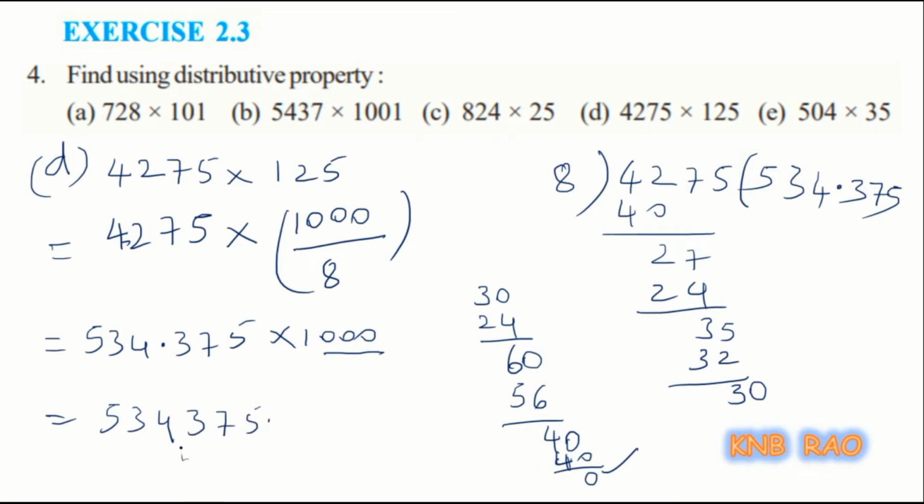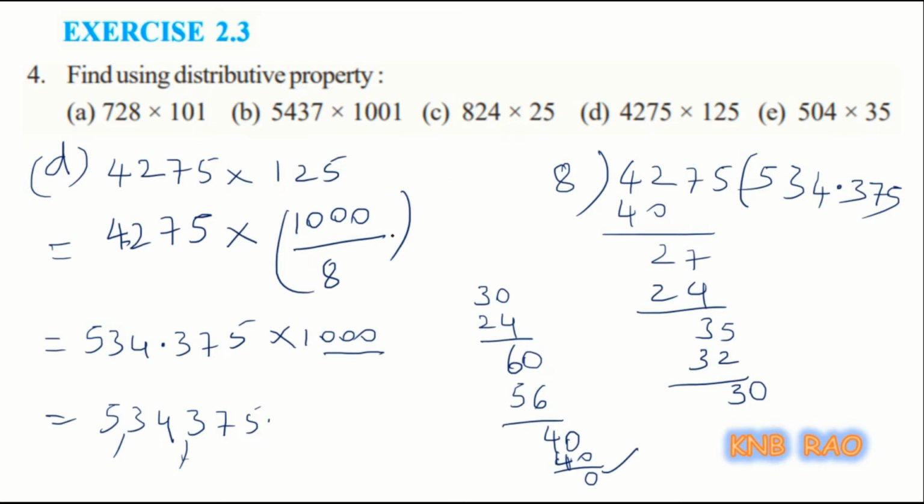That means the answer is 5,34,375. So we can solve by using the pattern what I have taught you in the last session. This is one method. We can use even distributive property also.